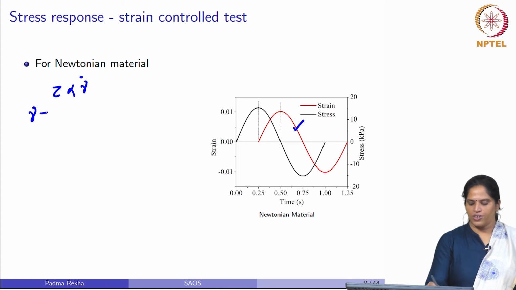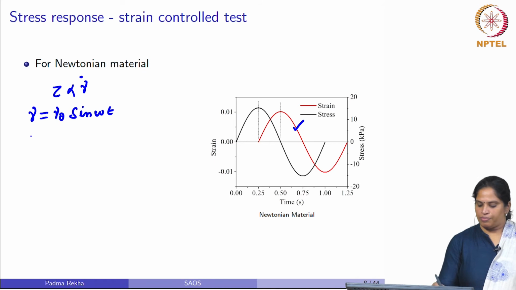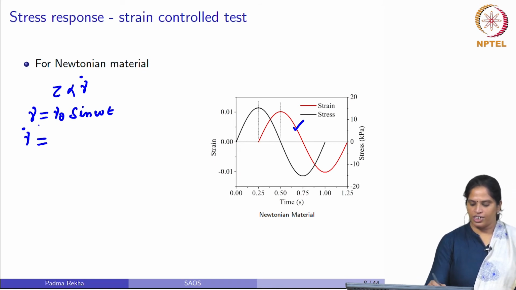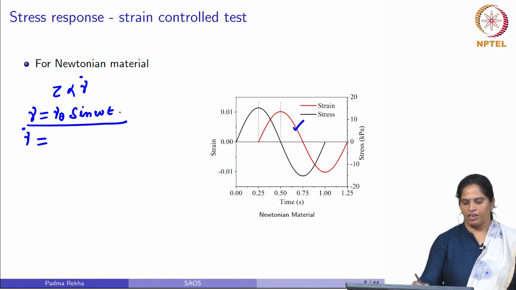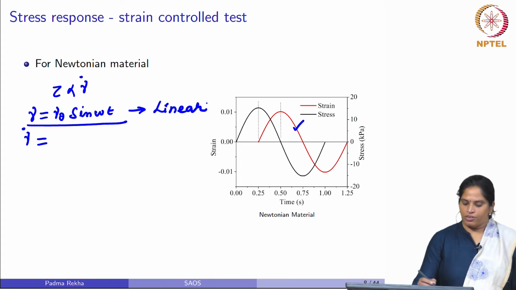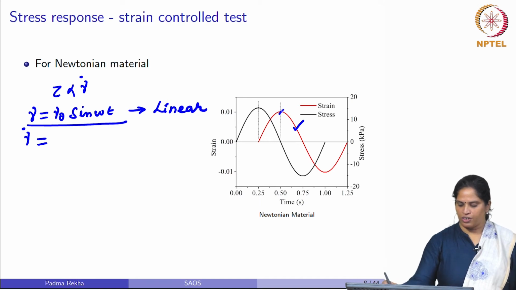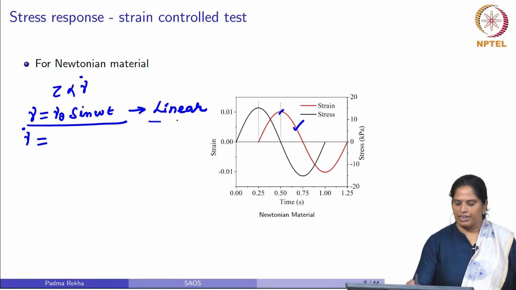For a controlled strain of gamma equals gamma naught sin omega t, the strain rate can be obtained by differentiating this equation, a partial differentiation. We can do that only if the response of the material is linear, that is, for very small deformation.